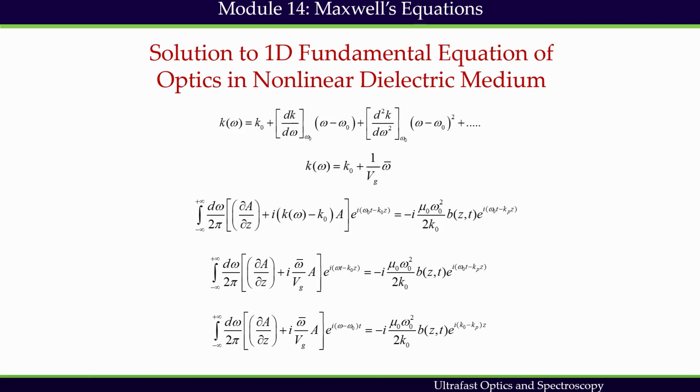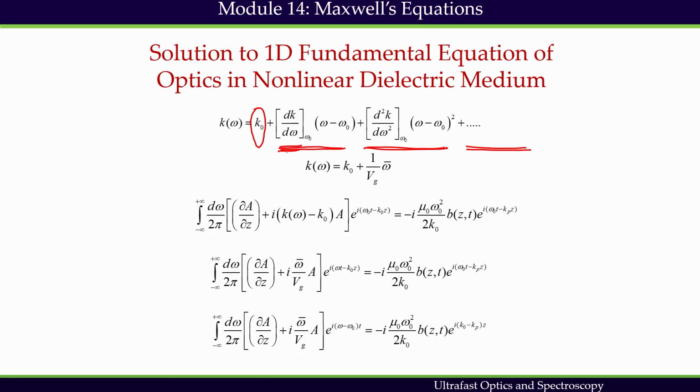Now this k omega, we do not know the general form. That's why we are going to express it in terms of a Taylor series expansion. All we know is that at omega naught, the value of k is k naught, and I know the derivatives exist. So we can use this Taylor series expansion to express k, and different parts of this expression represent different kinds of dispersion that we have already seen in the dispersion effect in nonlinear pulse propagation.